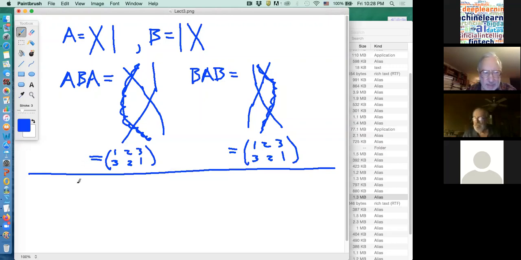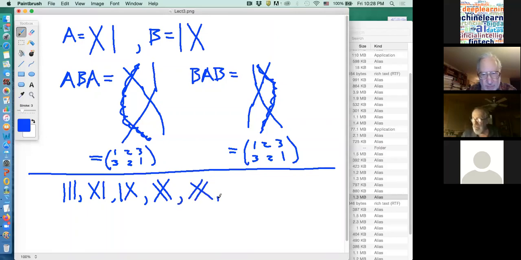And indeed, that it generates is also interesting to see from the pictures. What are all the permutations? They are the identity, they are A and B, and then there is this one, and there is this one, and there is this one.